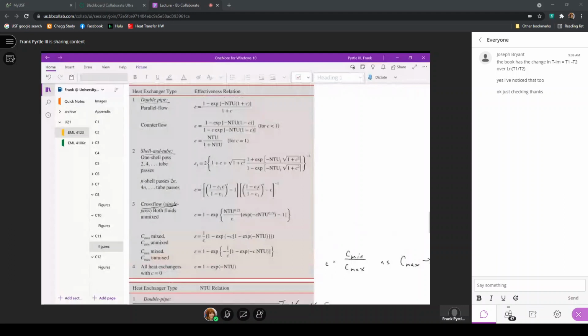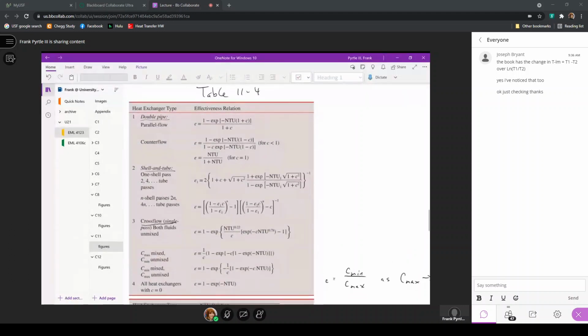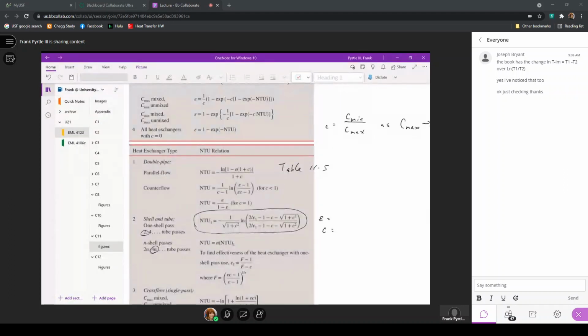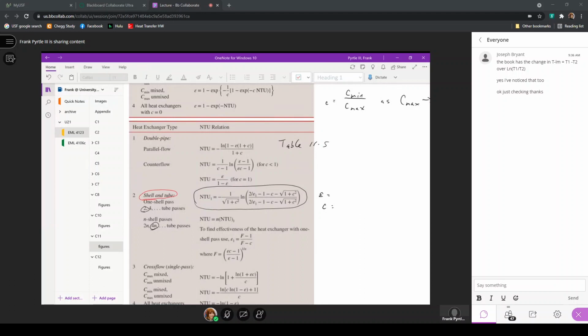here again, we have in table 11.4, the effectiveness as a function of number of transfer units and capacity rate ratio. In 11.5, we have the number of transfer units as a function of the effectiveness and the capacity rate ratio. So here for shell and tube heat exchangers, here it's a 2-shell pass. N number of shell passes.